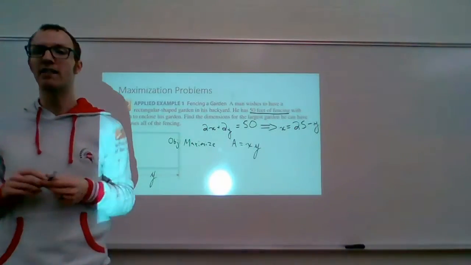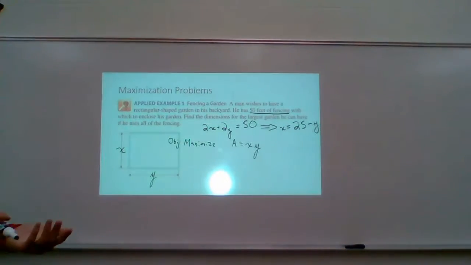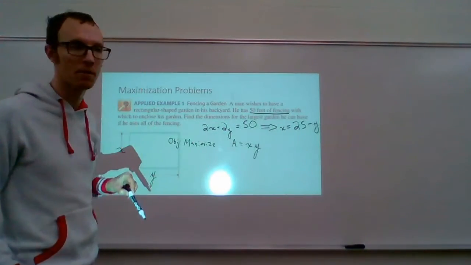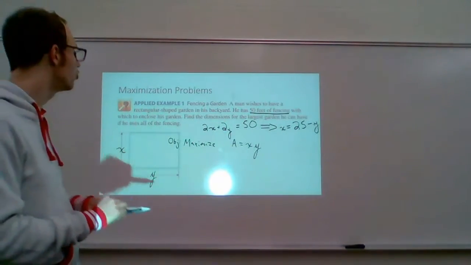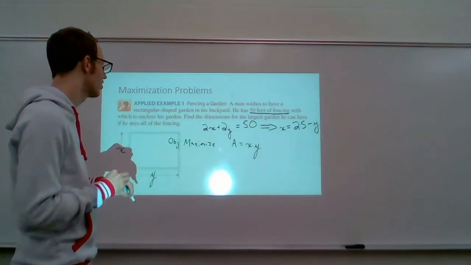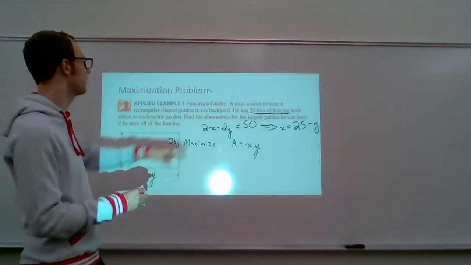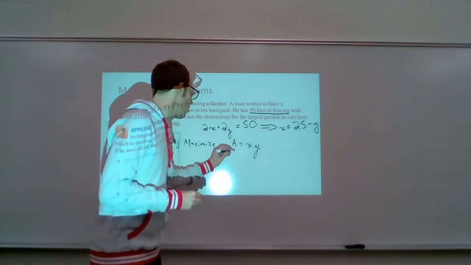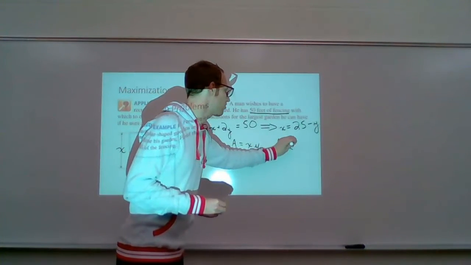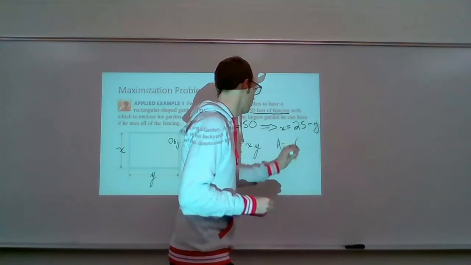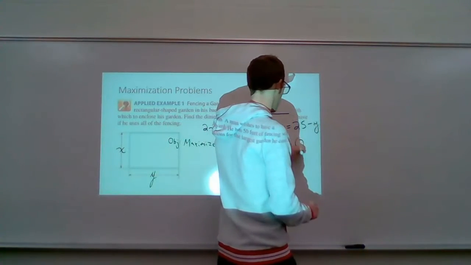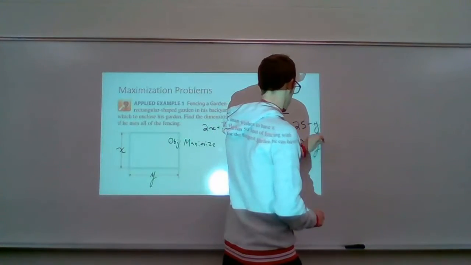Remember, step 3 said to write it as an equation with one variable. Well, the way we do that, that's where solving this equation for x comes in. Now that I've got x by itself, I can use substitution into this equation using the physical constraints that I had from the 50 feet of fencing. So area will equal y times 25 minus y.